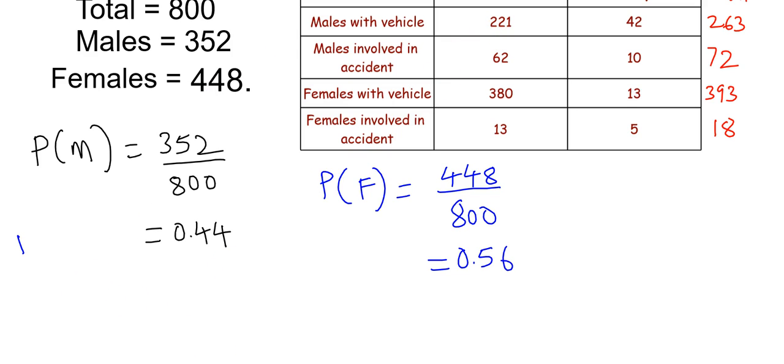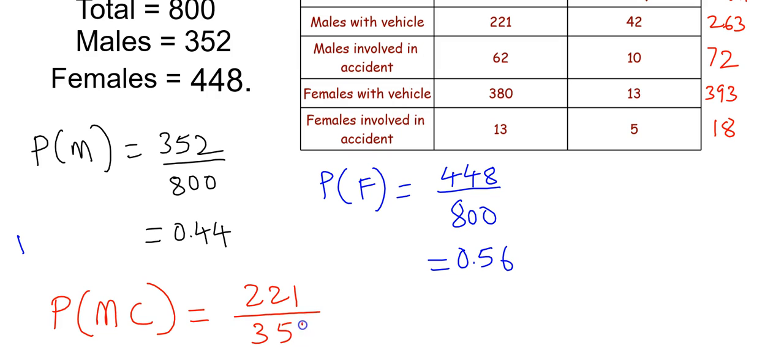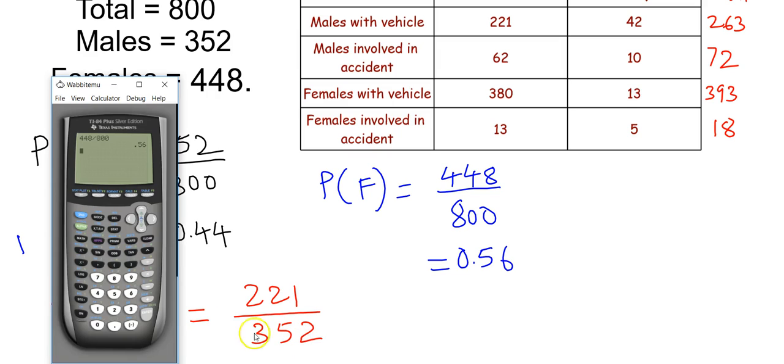So the probability of males owning a car is 221 over 352.